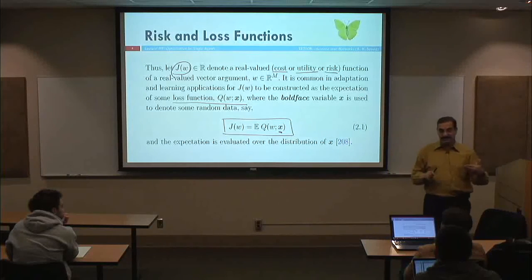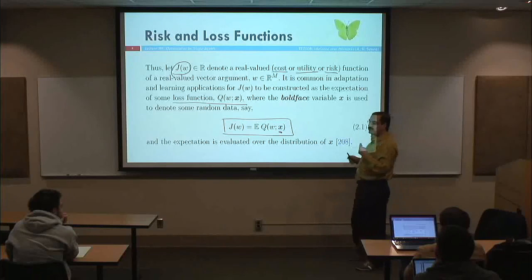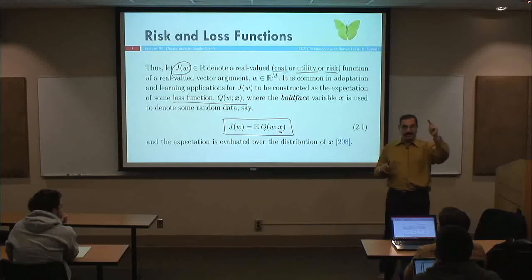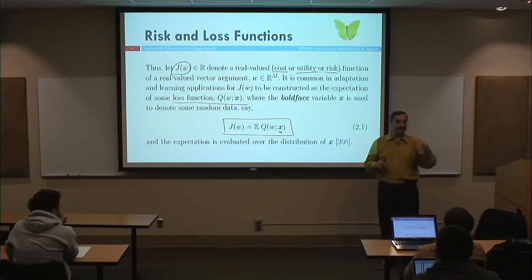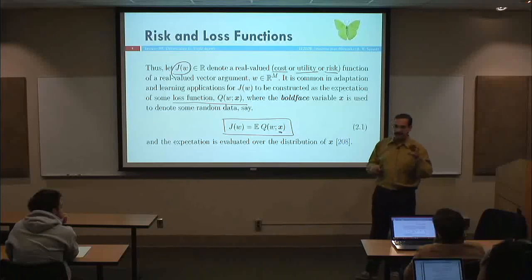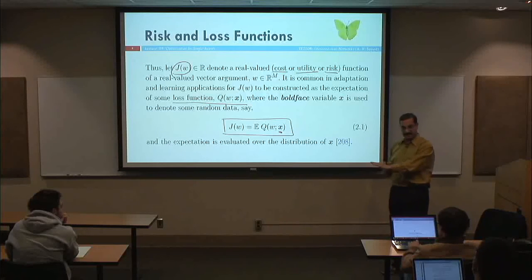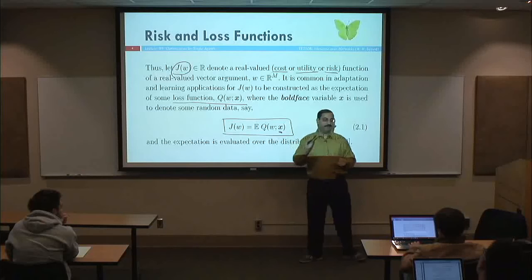That's normally the case in adaptation and learning, where what you know is Q. You don't know J. You know Q, and you don't know the distribution of the data. So in that case, you cannot compute J. So how can you converge close enough to the minimum of J under that situation? That leads us to the context of stochastic gradient algorithms for adaptation and learning, which I will be discussing in a future lecture. Today, I'm assuming that I know J and I would like to minimize it.